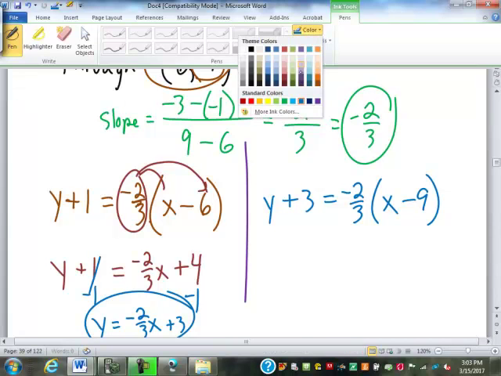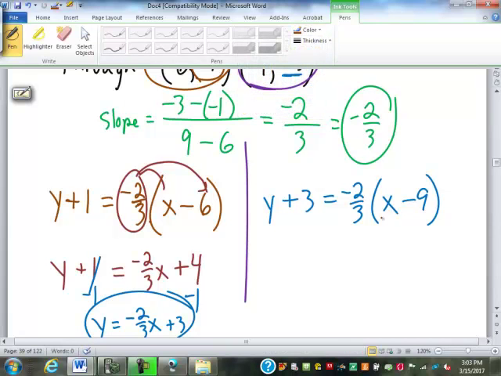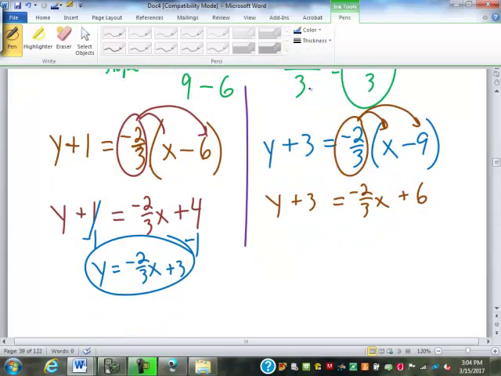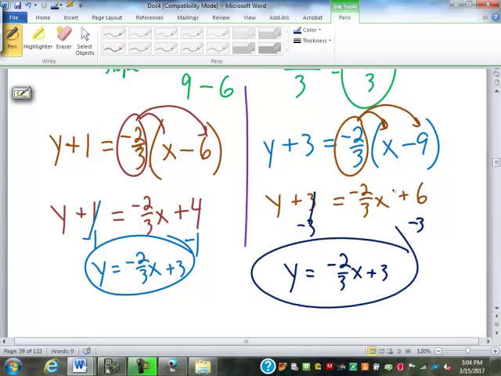On the other side over here, I'm going to distribute the negative 2/3. Negative 2/3 times x is again negative 2/3 x. Negative 2/3 times negative 9 is positive 6. And to finish that off, all we have to do is subtract 3. So we get the same equation either way.